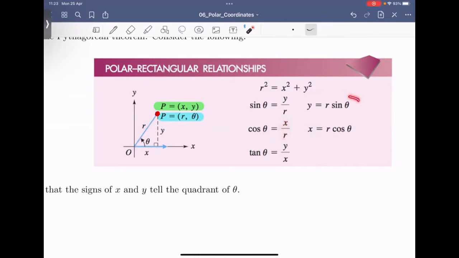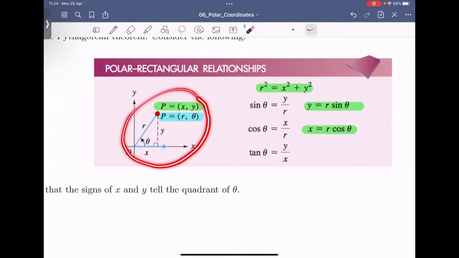In other words, y equals r sine theta, because you multiply by r here, and x equals r cosine theta. The ones I highlighted in green are super important, because they help you switch between polar coordinates and rectangular coordinates. If you understand the background, good.